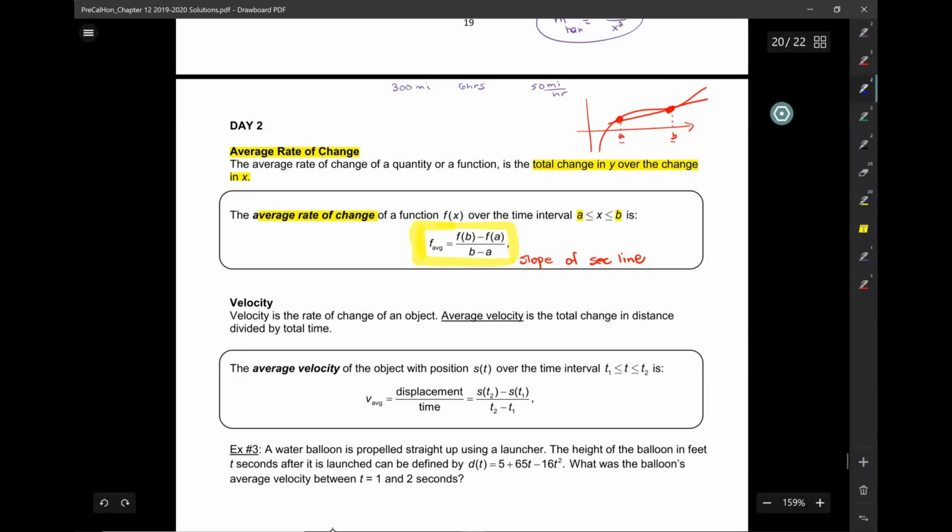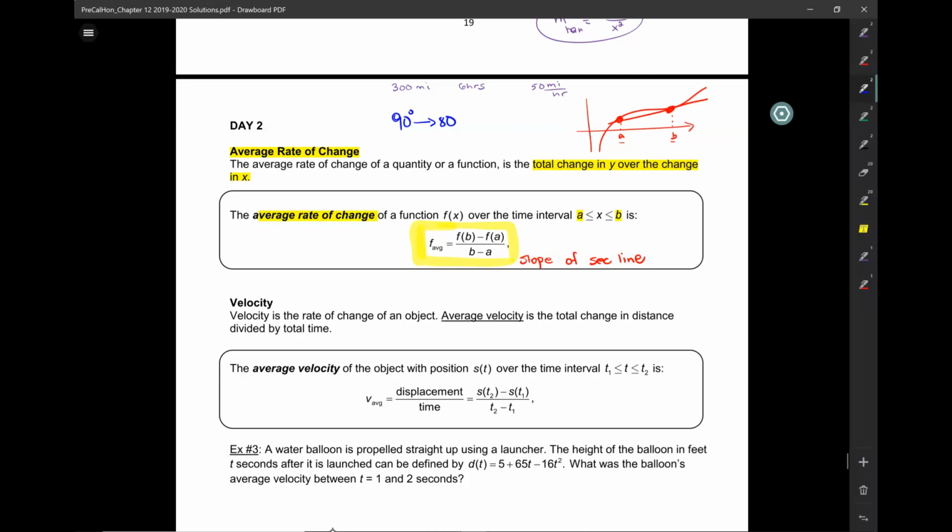Because let's say we're talking about a change in temperature, and suppose the temperature in a certain room or in a certain city went from 90 to 80. It's important that we do this subtraction in the right order.